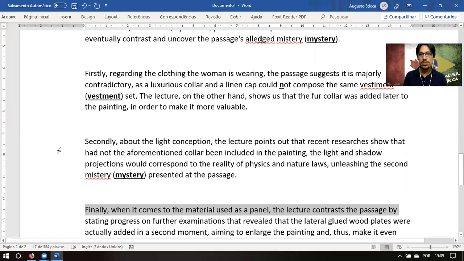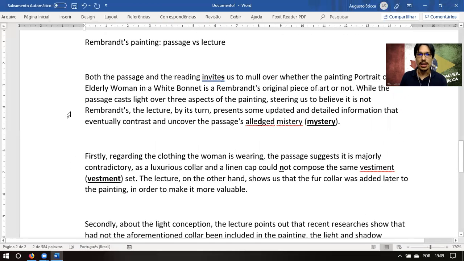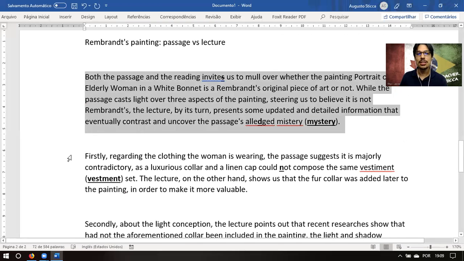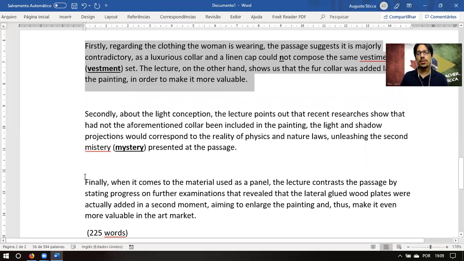Because if you save words in the introduction, you can describe a little more of the arguments in the 3 paragraphs.